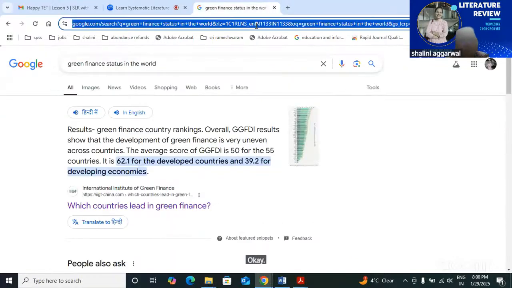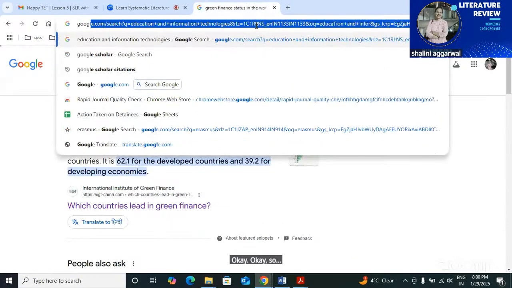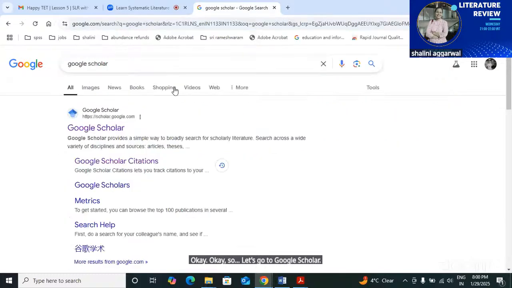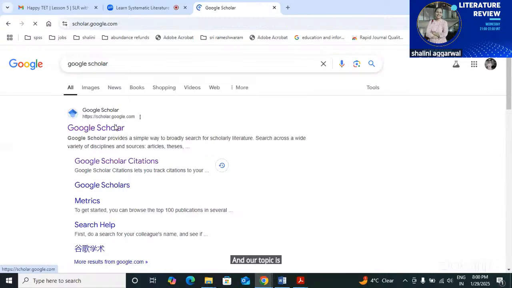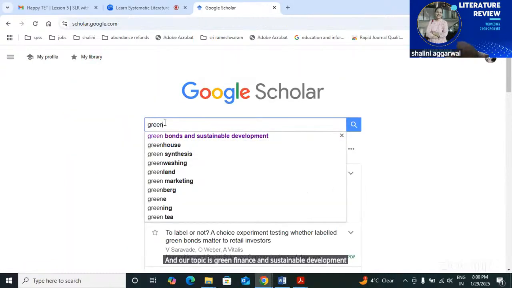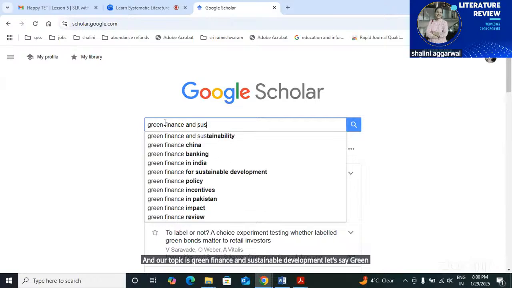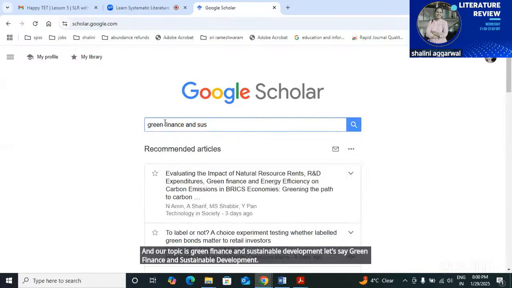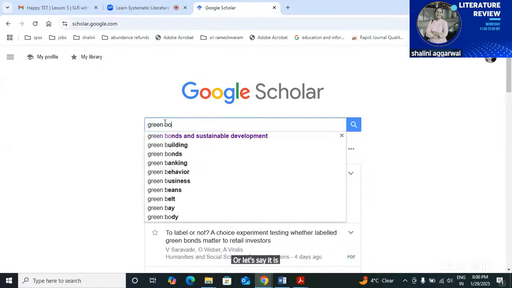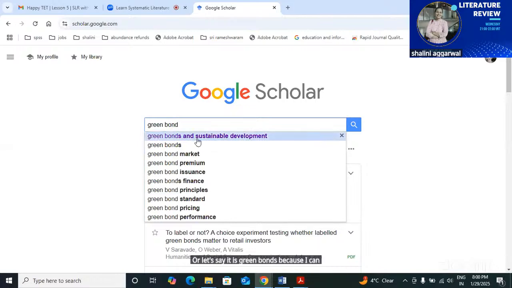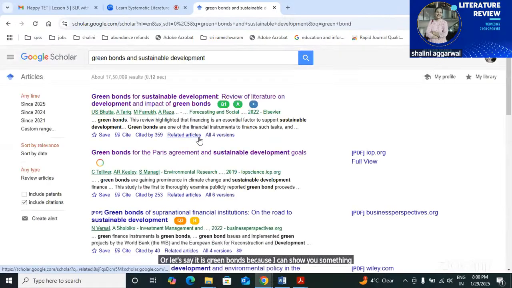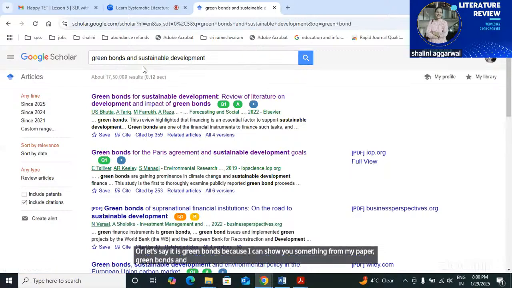So let's go to Google Scholar, and our topic is green finance and sustainable development. Or let's say it is green bonds, because I can show you something from my paper, green bonds and sustainable development. Let's say we are writing on this topic.